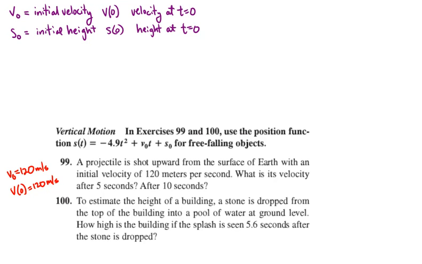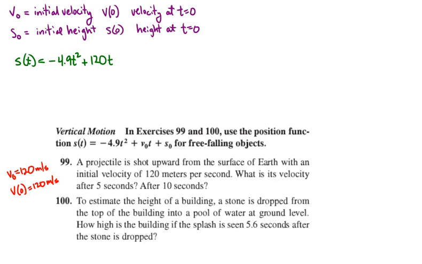Well, velocity is the rate at which the position is changing. It's the rate of change in the position of the object. So if our position function s of t is negative 4.9 t squared plus v sub 0 t, which is 120 t, plus s sub 0, and since it's shot upward from the surface of the Earth, s sub 0 is 0.